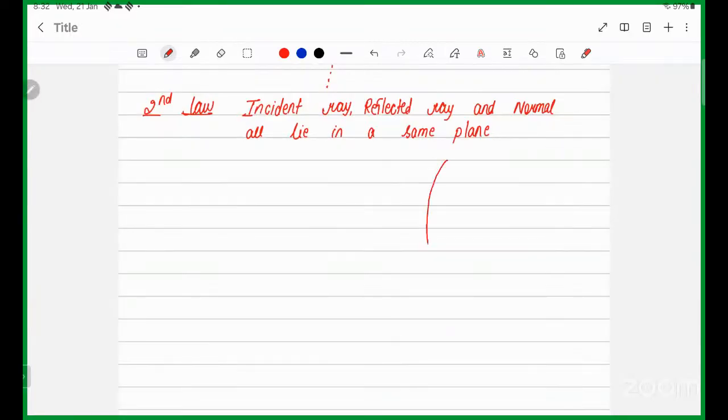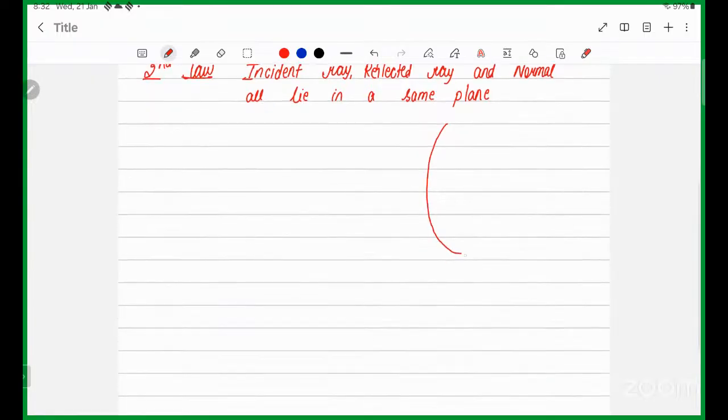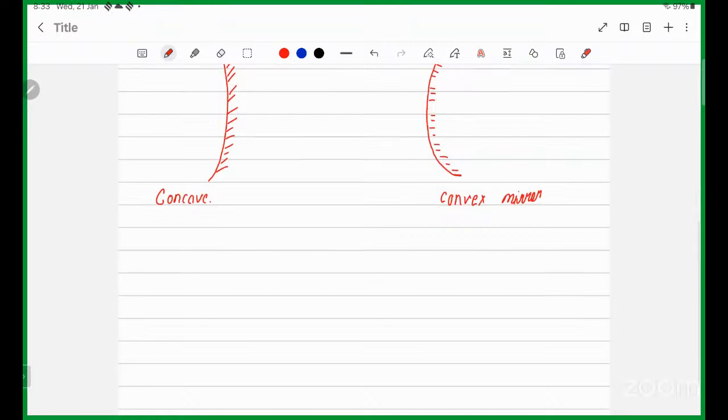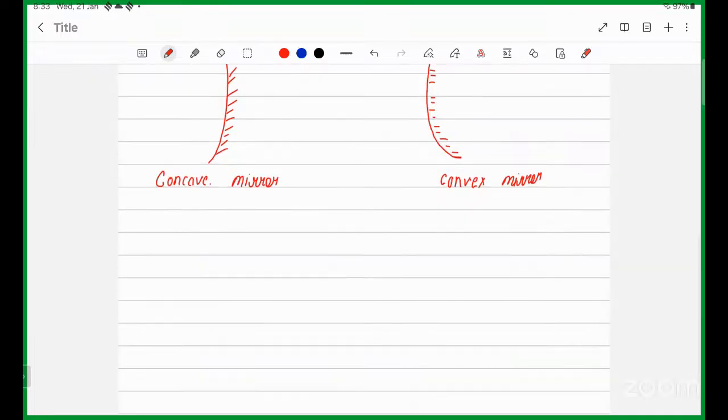One is convex, and this is the concave mirror.